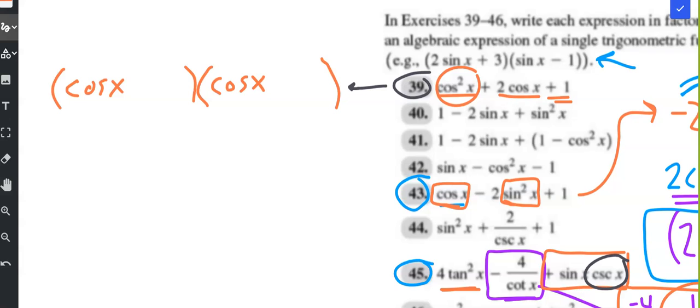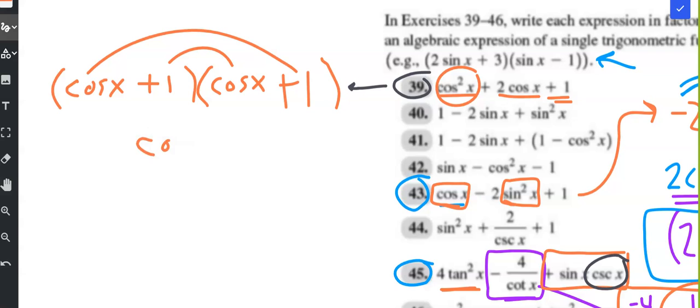What did you say? Positive, they're both positive. You are correct. This would also be verified because if you multiply the outsides and insides together and add them up, you would get 2 cosine x for the middle term. I would take that as an answer, or I would take cosine x plus 1 quantity squared. Either one of those.